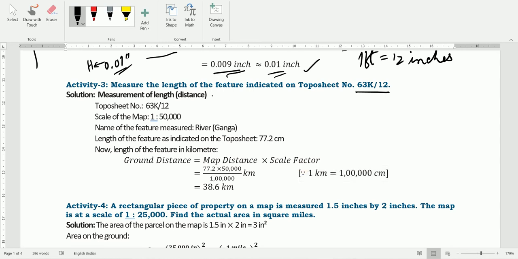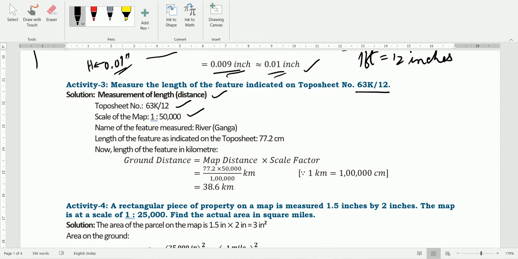The name of the activity is measurement of length or distance, topo-sheet number 63K by 12, and the scale of the map is 1 is to 50,000. The name of the feature to be measured here is the river Ganga. We have to measure the length of the Ganga river extended in topo-sheet number 63K by 12.